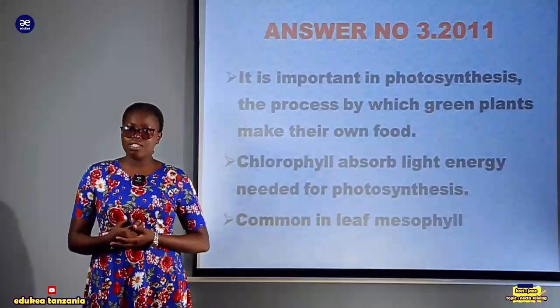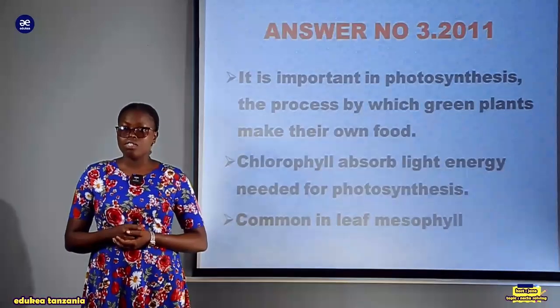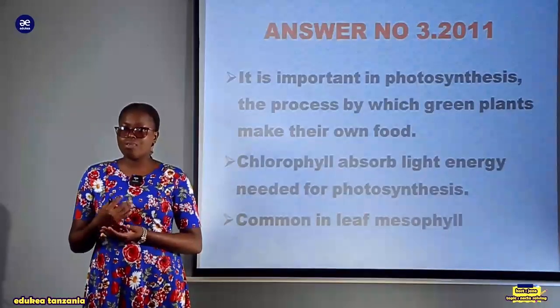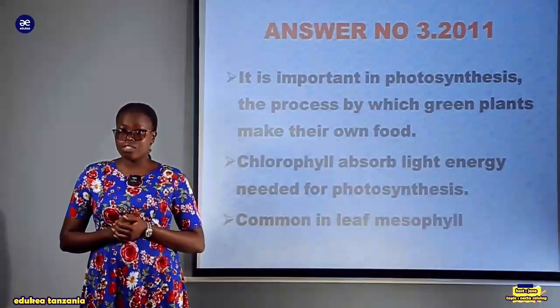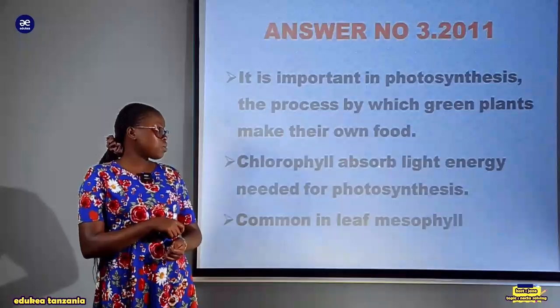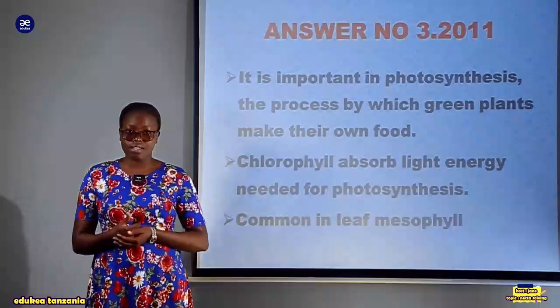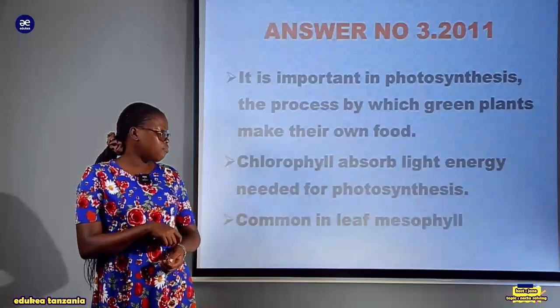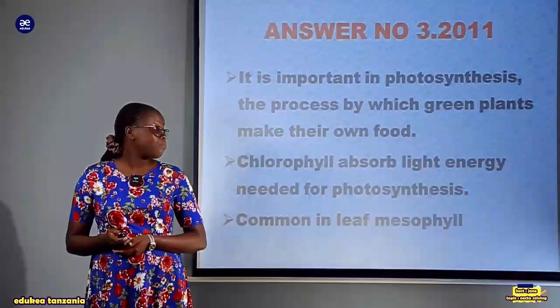All green plants are autotrophs, meaning that they are capable of making their own food through photosynthesis. Also, the chlorophyll absorbs light energy needed for photosynthesis, and is common in the leaf mesophyll, which is the ground tissue of the leaf.